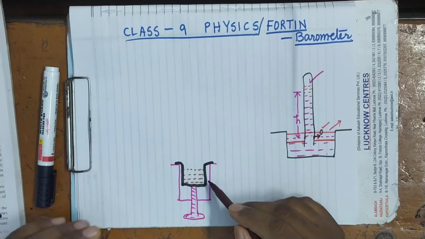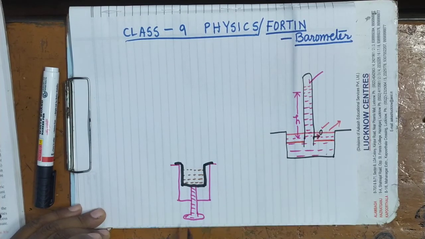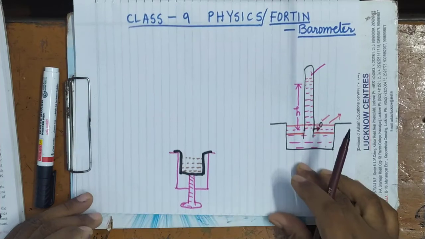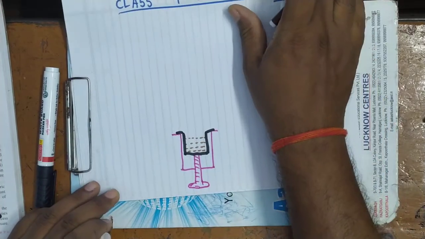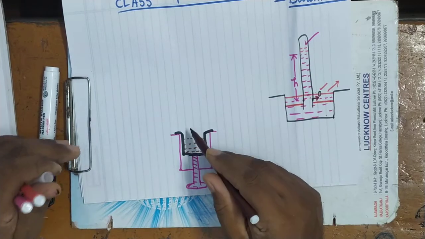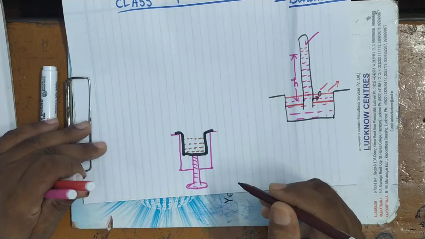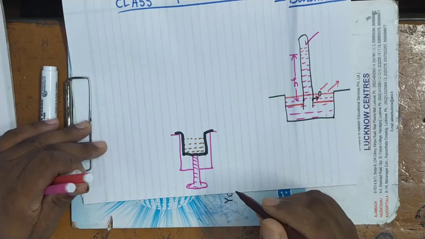Now this leather cup can be moved up or down by turning this screw. By turning the screw, we can move this leather cup, which has the mercury, up or down. And by this process, zero adjustment can be done. And how will you adjust the zero?